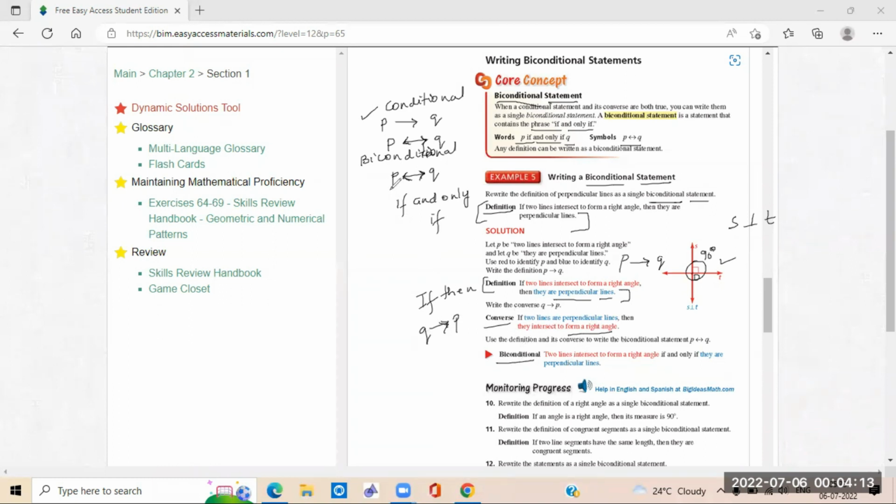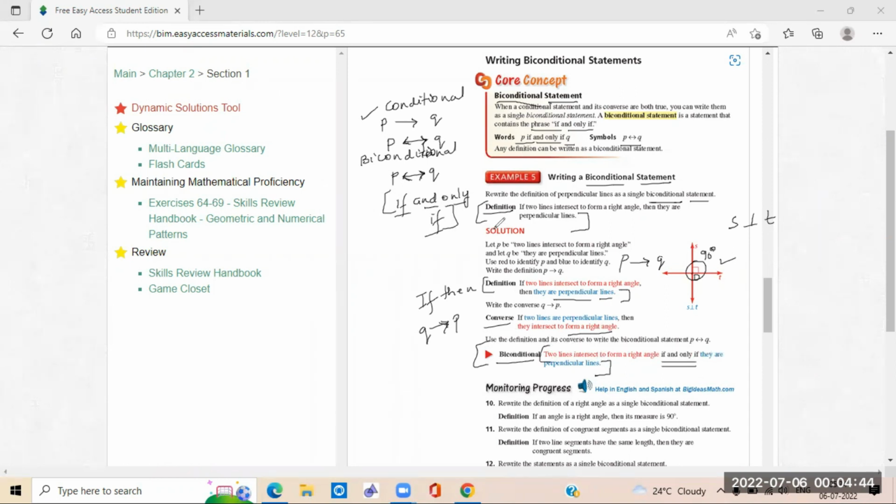As we have seen, in a biconditional statement we need to use the phrase if and only if. So we write it like this: two lines intersect to form a right angle if and only if they are perpendicular lines.